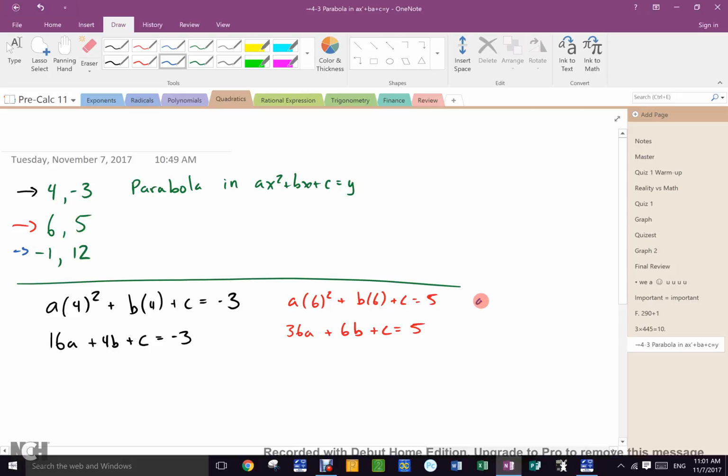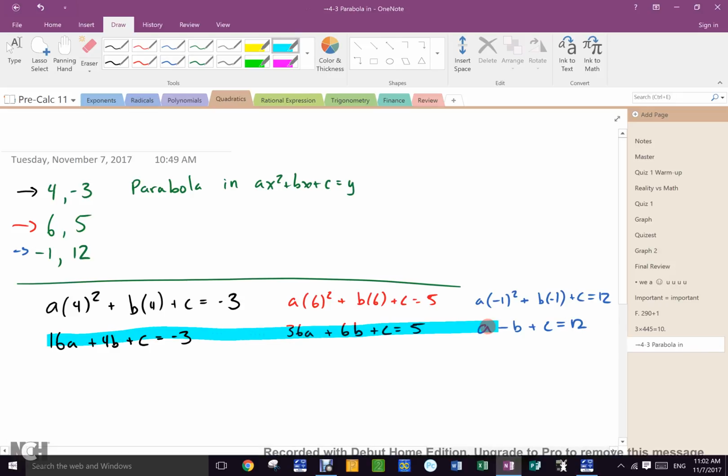And I'm going to get a times -1 squared plus b times -1, plus c equals 12. -1 squared is 1. So a minus b plus c equals 12. And those are the 3 equations that I need to work with.